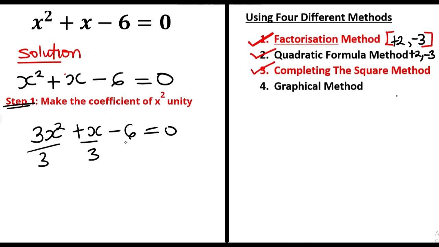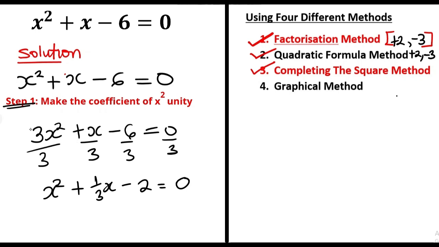At the end, we're going to have x squared plus 1 over 3 x minus 2 equals 0. But for the question we have in front of us today, the coefficient of x squared is already 1, so we don't need to do all this.